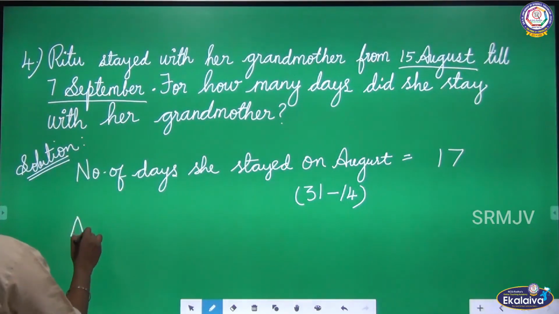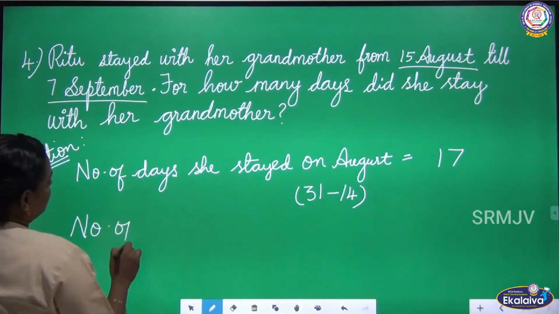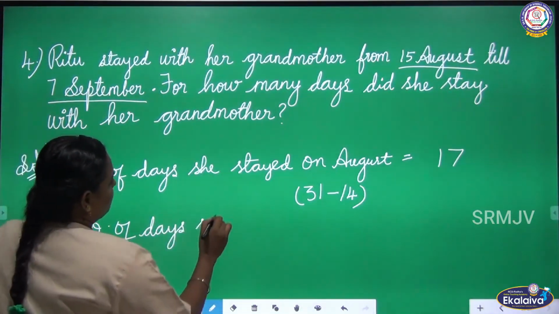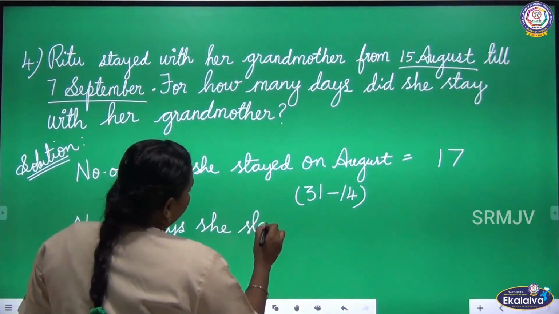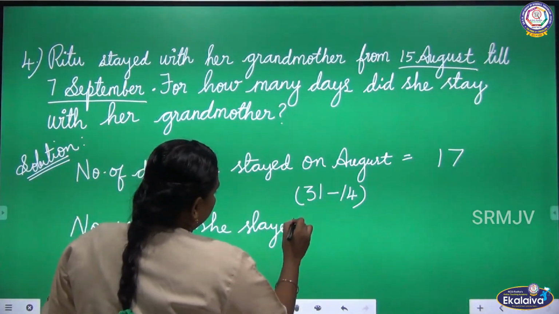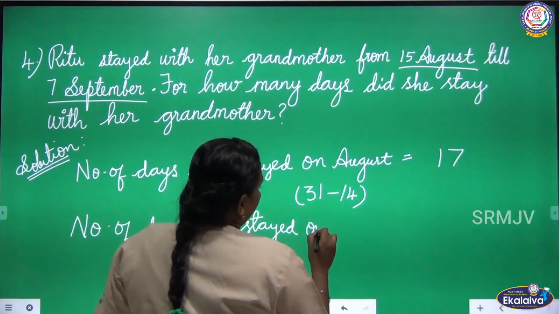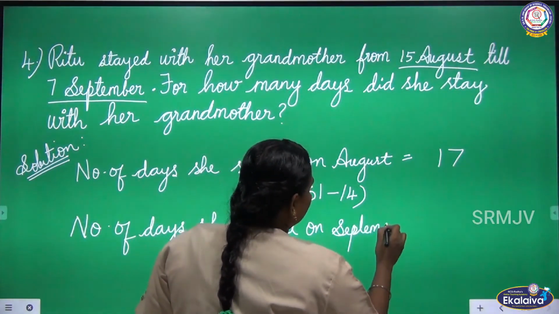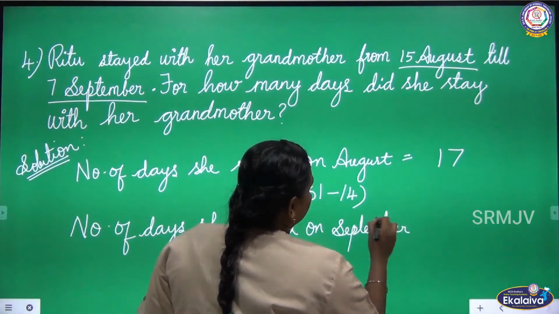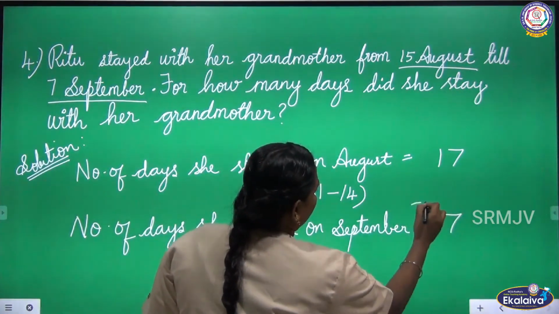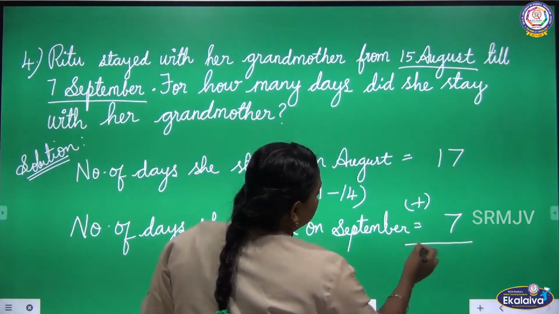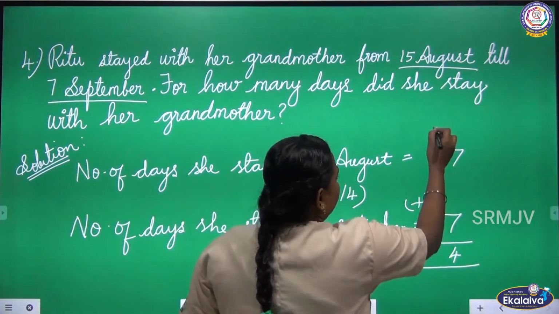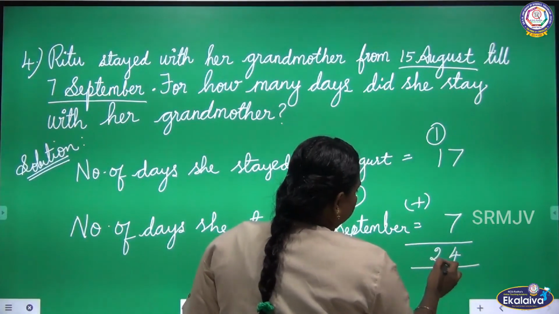Next, till August and then September. Number of days she stayed on September. How many days, children? Till 7 we are going to calculate. So you can write 7. We are going to add, write the plus symbol. 7 plus 7 is 14. So 4, 1 carry over. 1 plus 1 is 2.